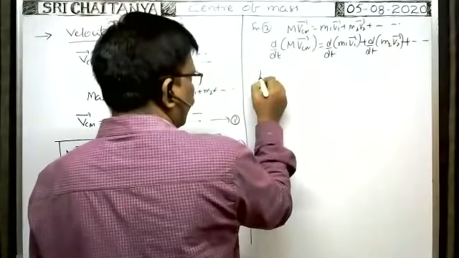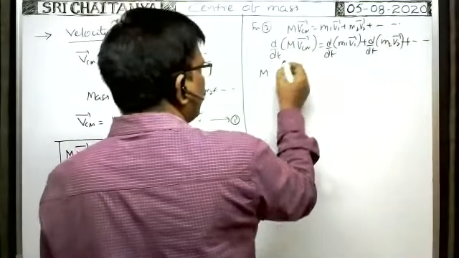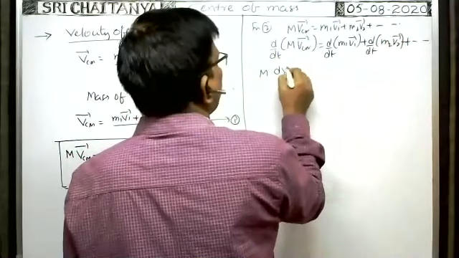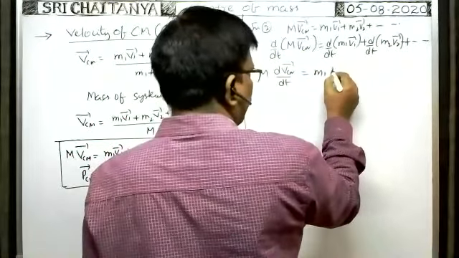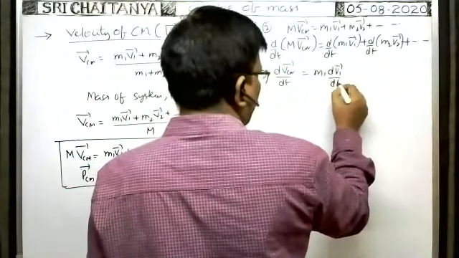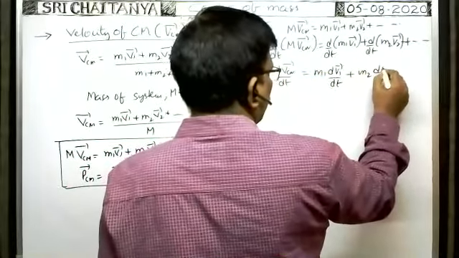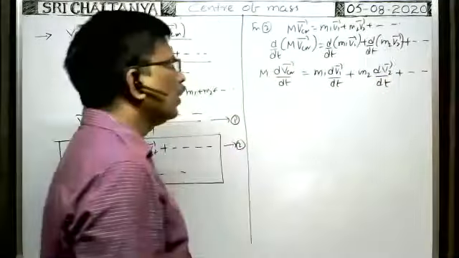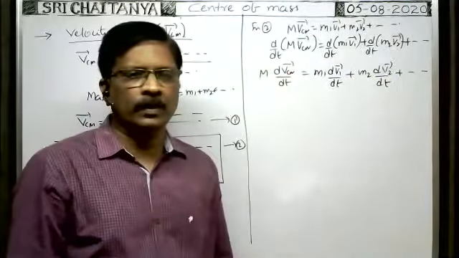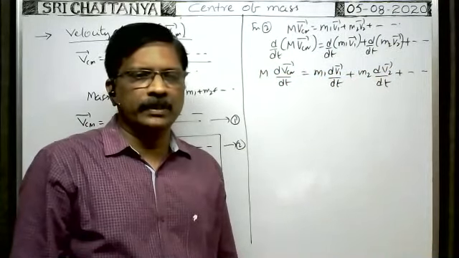Here M is constant, you can write it outside. M into dVCM bar by dt is equal to M1 written outside, dV1 bar by dt, plus M2 into dV2 bar by dt plus and so on. What is dVCM bar by dt?